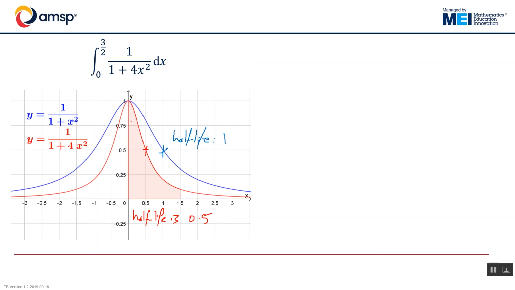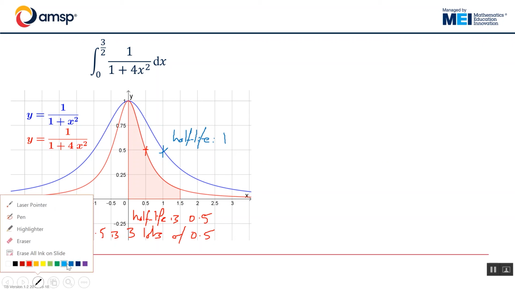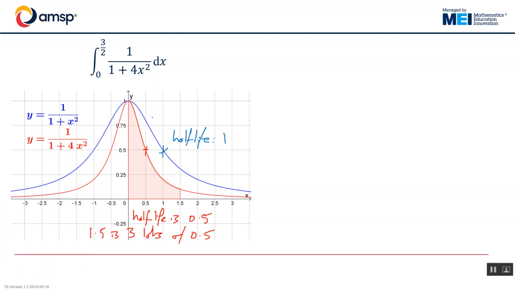Now I want to think about what the red area is. Well, the red area here at 1.5 is 3 lots of the half-life. So 1.5 is 3 lots of 0.5. What that tells me is, if I go back to my blue graph, this red shaded area is the same shape as the area under the blue curve all the way up to 3, but it's been stretched in by a factor of a half.